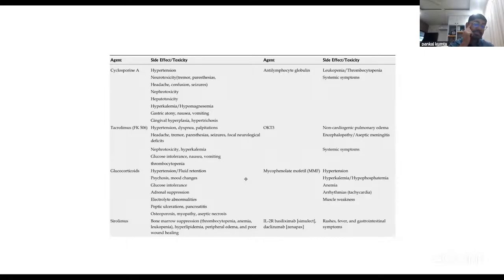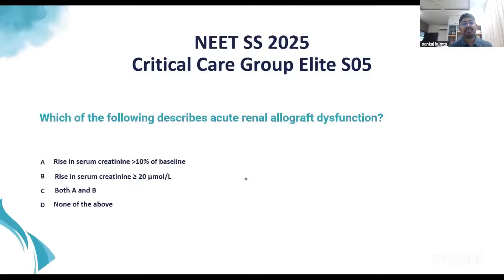Steroids will have all the steroid related problems, while TAC or cyclosporin, the calcineurin inhibitors, will be more of hypertension, neurotoxicity, confusion, seizures, PRES, nephrotoxicity, and hypertension would be the general picture.